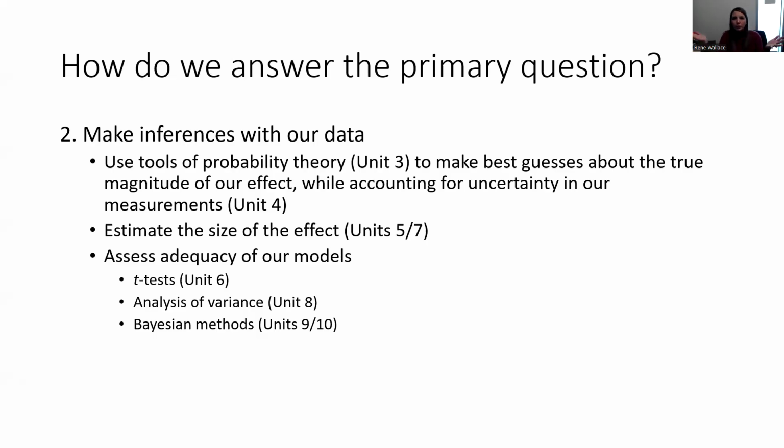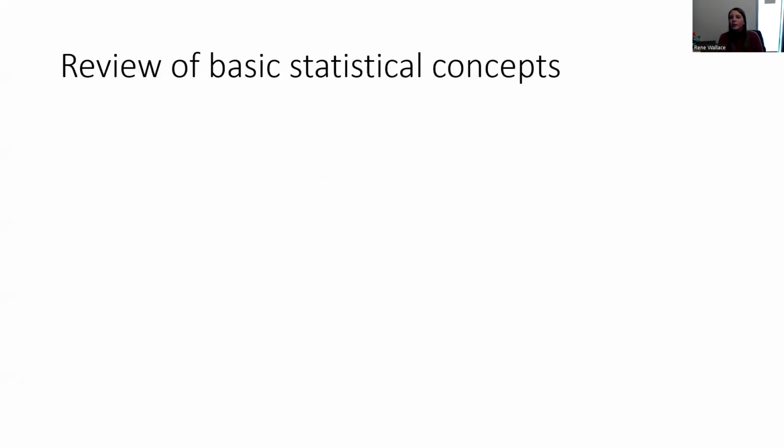And so we'll have to figure out, well, which model should we be using? Like, what's the most adequate and the most appropriate for this situation? And then we'll also review basic statistical concepts that I think hopefully you're familiar with from other stats courses, but if not, this is the place to become familiar with them.